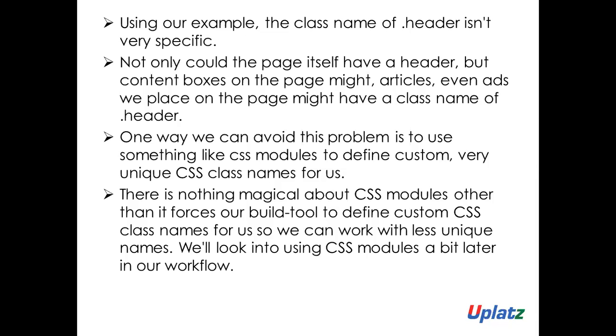So one way we can avoid this problem is to use something like CSS modules to define custom, very unique CSS class names for us. So that is the one thing we can do.